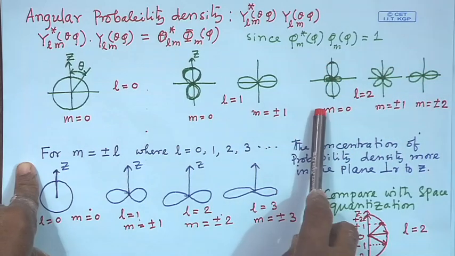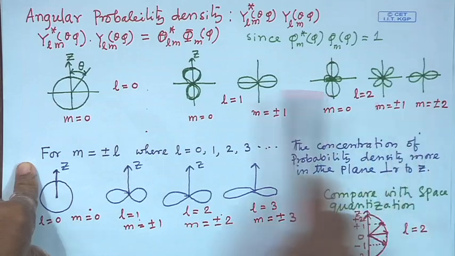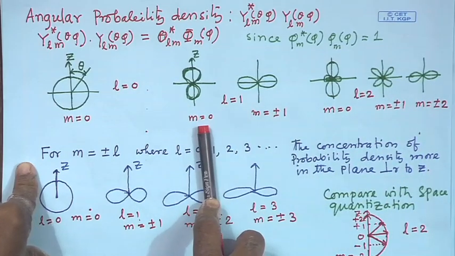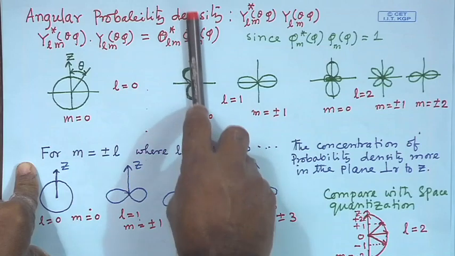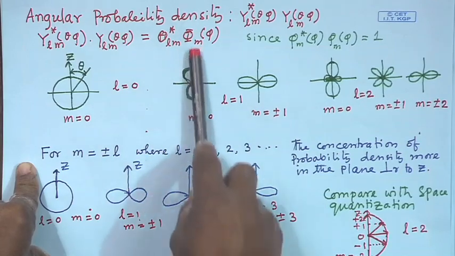From this plot one can see that for the smallest value of m, m equal to 0, the contribution is along the z direction. The maximum probability to find the electron is along the z direction.